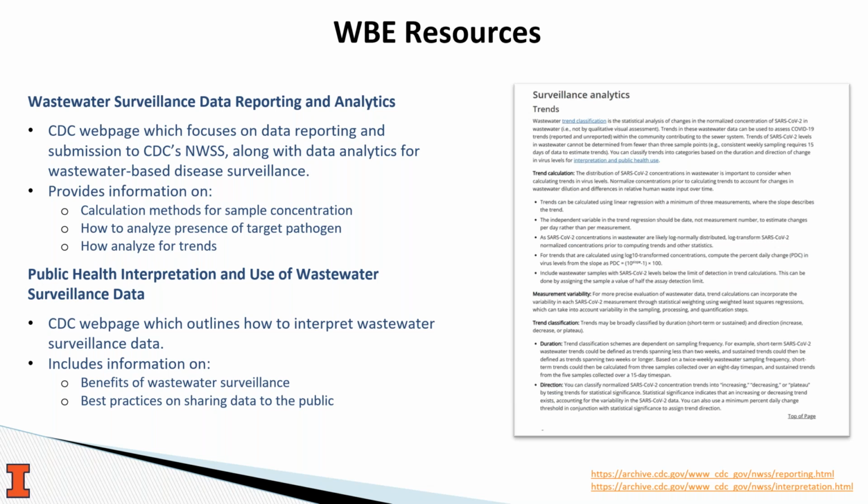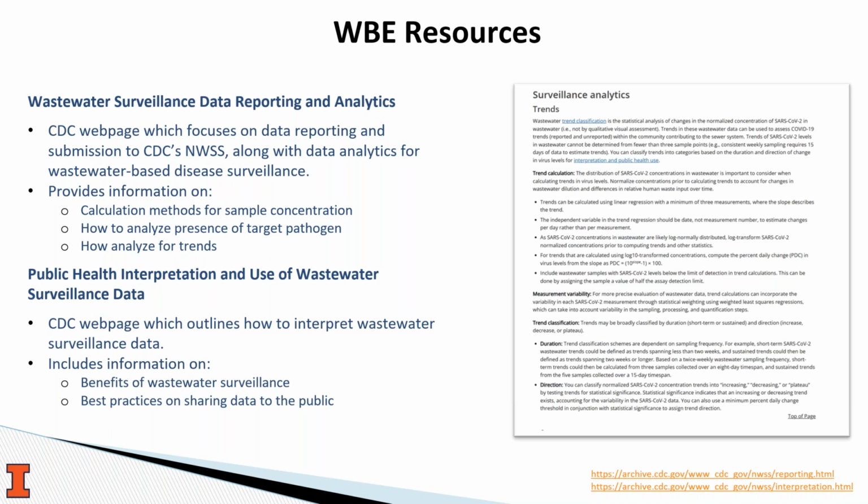CDC also has 2 additional pages I wanted to highlight. The first is the wastewater surveillance data reporting and analytics page, which outlines the essential data elements, such as wastewater treatment plant service area characteristics, sampling time, location, and laboratory testing parameters like concentration methods, what methods were used to extract the RNA, viral recovery efficiency, and any other information required to better interpret the laboratory data.